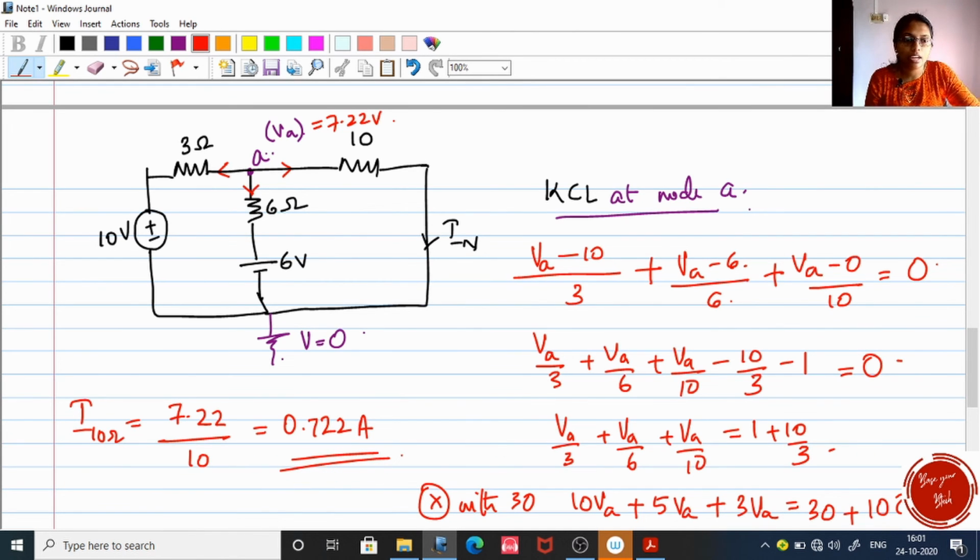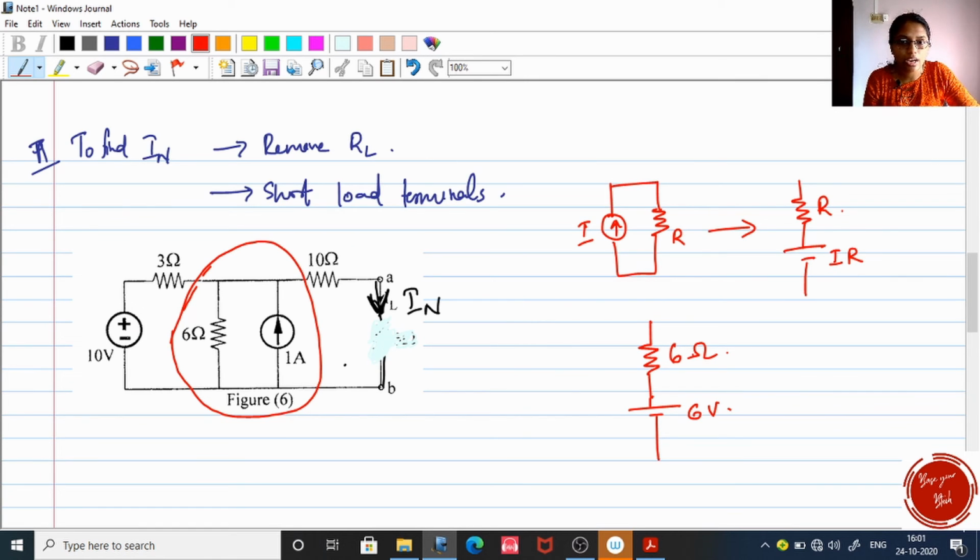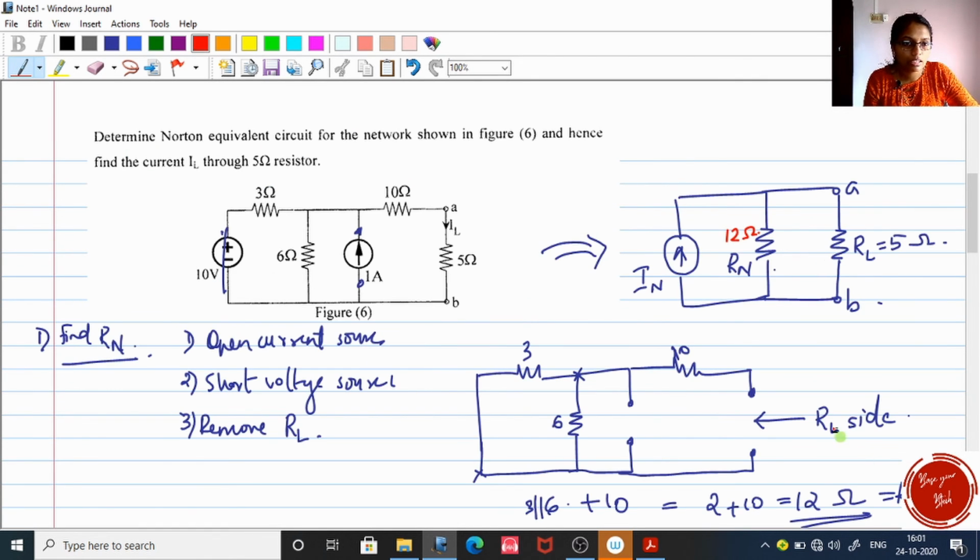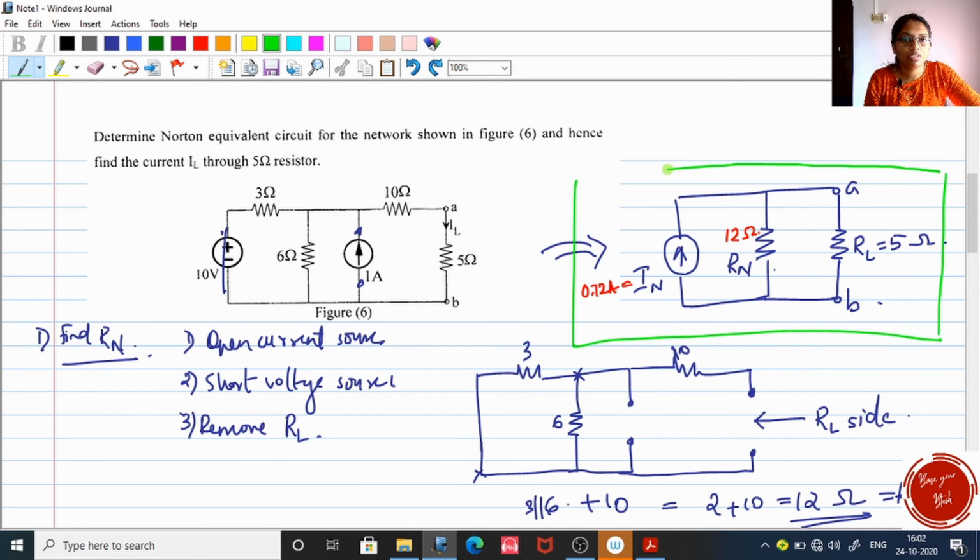So this is your IN value. Okay, and your RN value was 12 ohm. So IN value is 0.722 ampere. Okay, so this is your answer, or this is your Norton circuit.